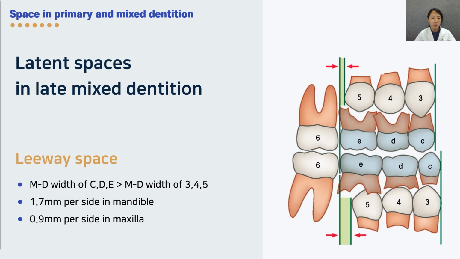This leeway space may offer opportunities for significant improvement in mild tooth size and arch size discrepancy. With space supervision using space maintainer, we can relieve mild crowding in lower anterior, and we can avoid unnecessary orthodontic treatment.